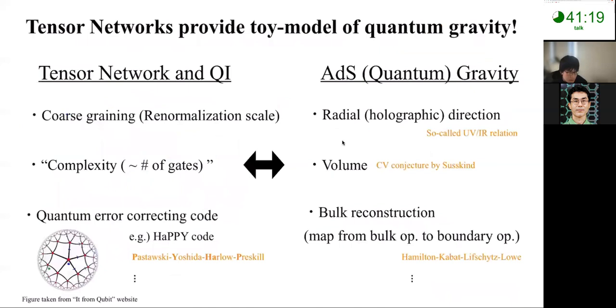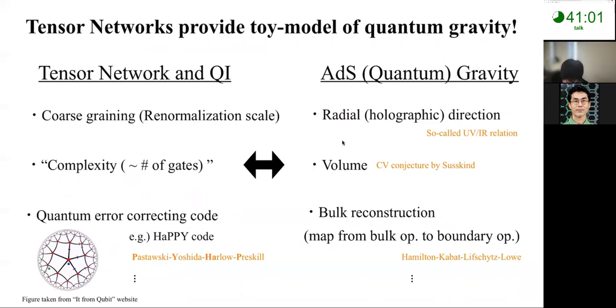Okay, although it's not very relevant to today's talk, let me just show you more correspondence between tensor networks, or the idea of quantum information, and quantum gravity in AdS.